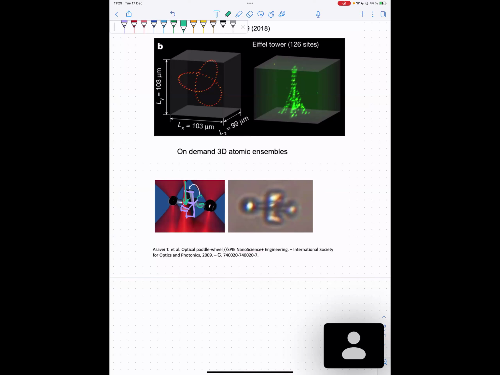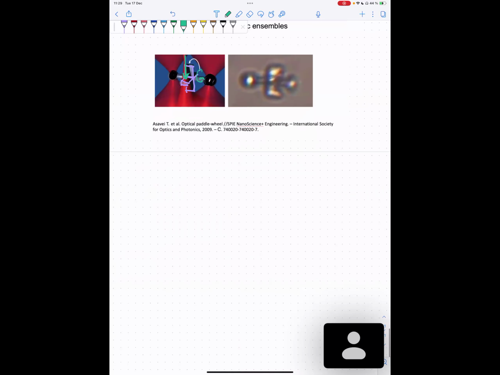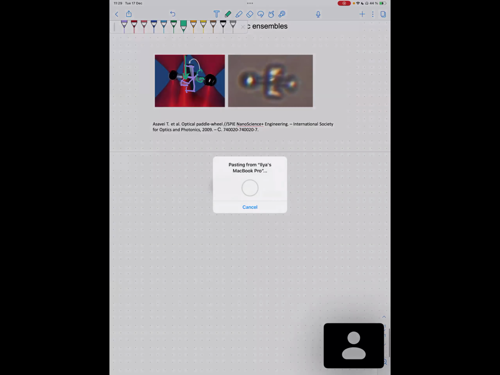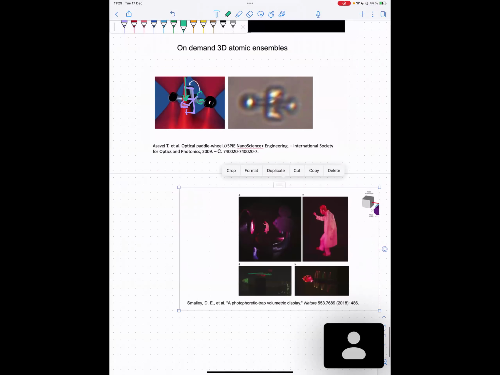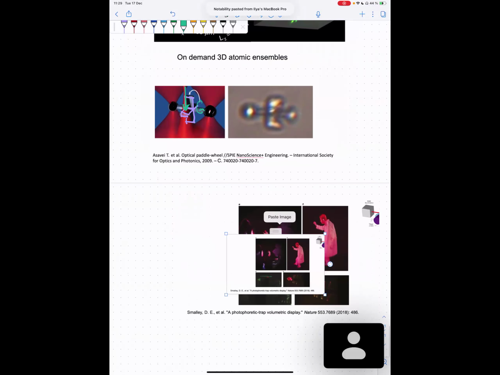And also you can make holographic displays. It will be impossible to show you the video right now, but if you want, you can look at the supplemental material for these papers.